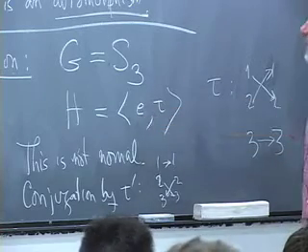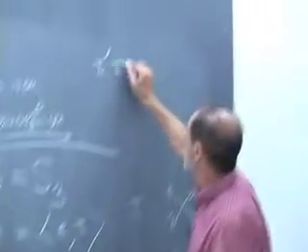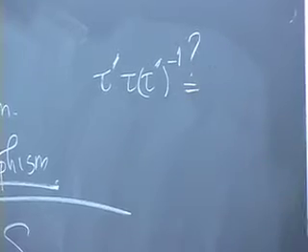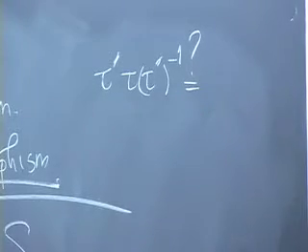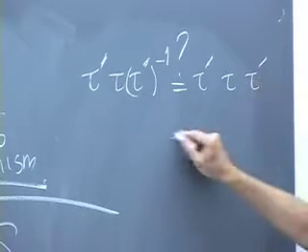So tau prime clearly takes e to itself when you conjugate. But what is tau prime tau tau prime inverse? Well, tau prime inverse is the same as tau prime. So we're calculating tau prime tau tau prime.